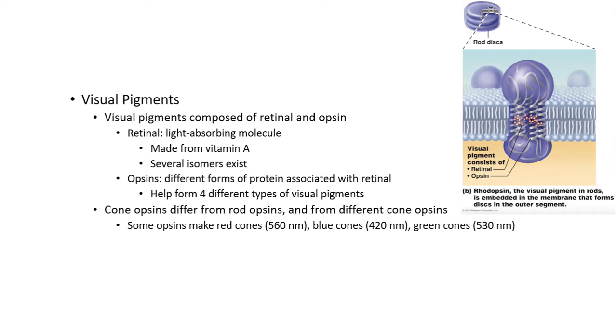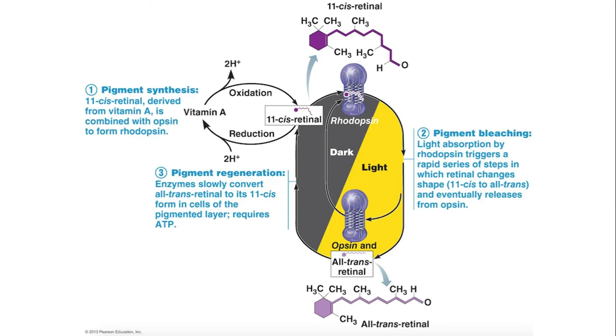Okay, continuing on, several isomers exist. For us, we're just going to be considering 2 of the isomers. What we're really looking at, in one example of what happens in rhodopsin, is the 2 isomers. In the dark, we're going to have something called 11-cis retinal. So that is one of the isomers.